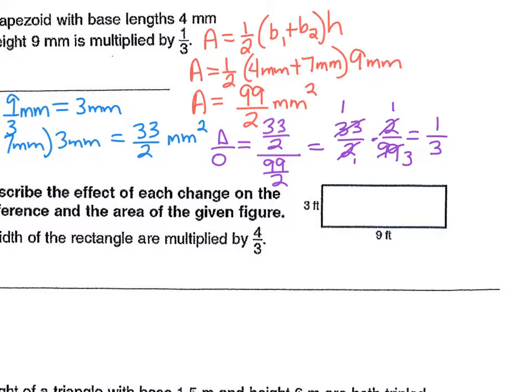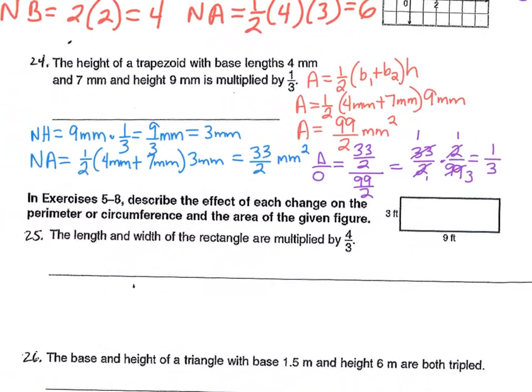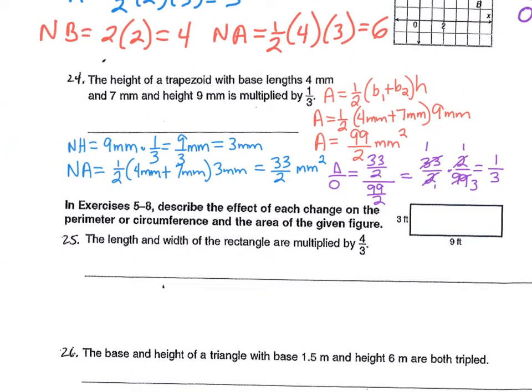So therefore, my conclusion should be what? What happened to the area? The height is multiplied by 1/3. If the height is multiplied by 1/3, the new area is going to be multiplied by 1/3, okay? Which is what you had here. This is 1/3 of this right here when we did the comparison. So let me put the conclusion.